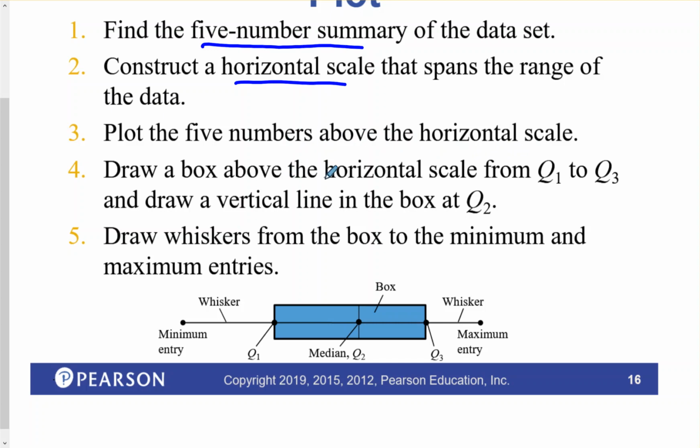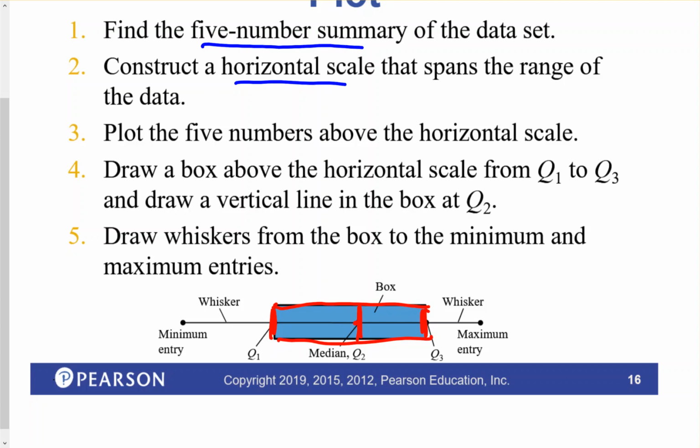You draw a box above the number line from Q1 to Q3. So at Q1, you draw the box going through. Draw your box from Q1 to Q3. And then where Q2 is, where the median is, you draw another line to show where Q2 is.